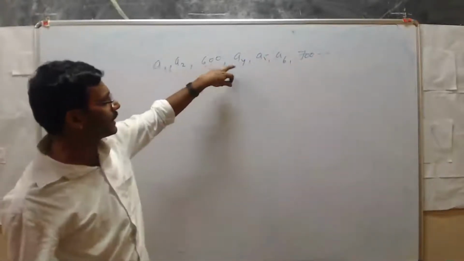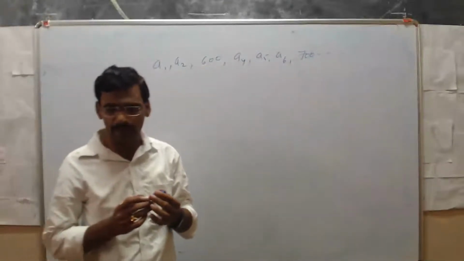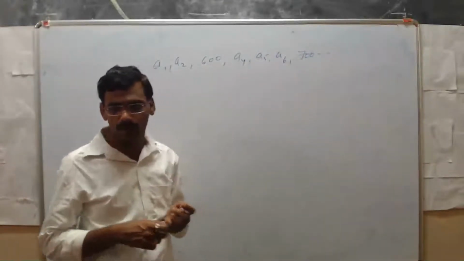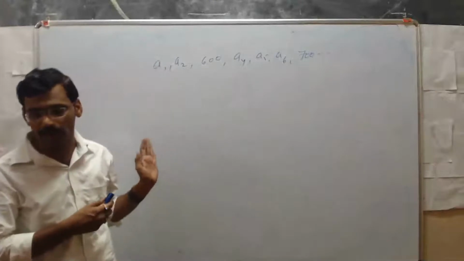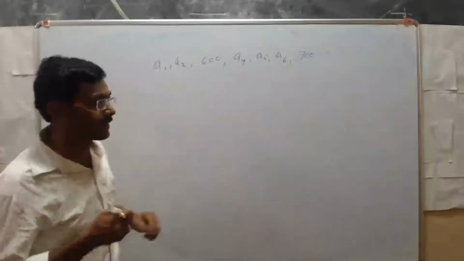We don't know the exact number of TVs produced in the first year or second year, but third year is 600 and seventh year is 700.